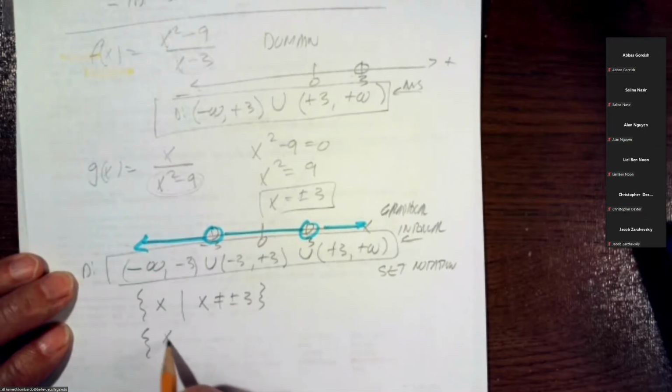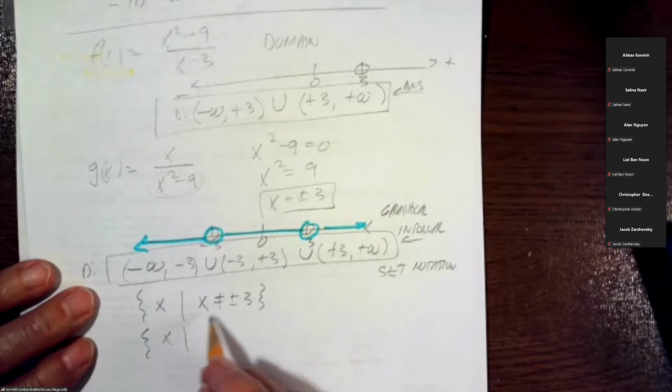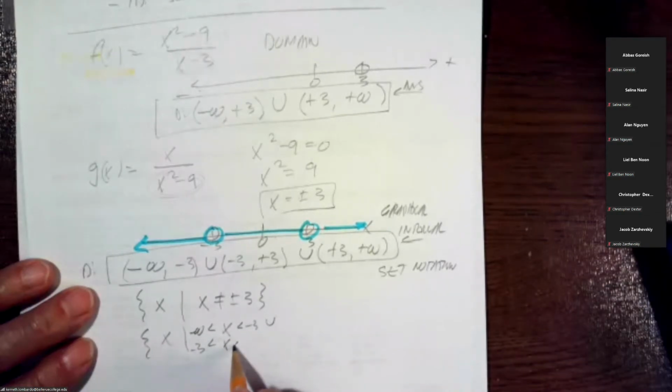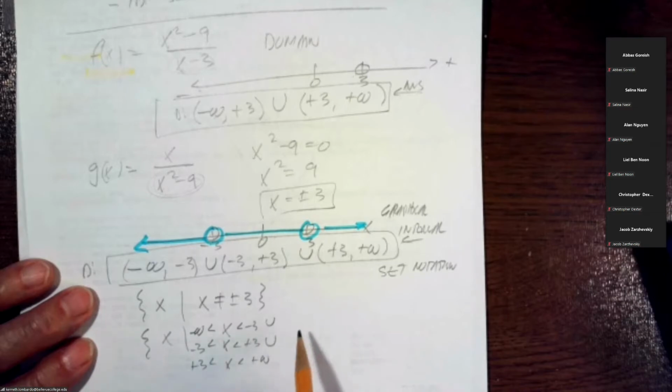Or we could say x such that x is greater than negative infinity and less than negative 3. Or x is greater than negative 3 and less than positive 3. Or x is greater than positive 3 and less than positive infinity.